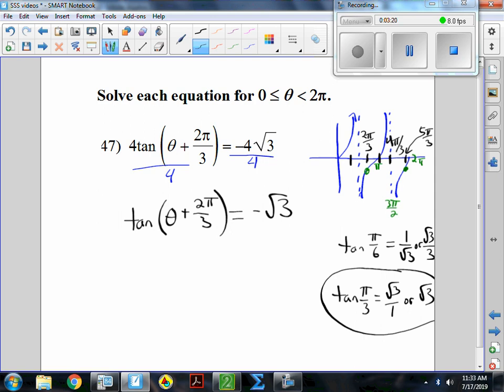So if I take the inverse tangent of both sides, then theta plus 2 pi over 3 is going to equal 2 pi over 3, and it's going to equal 5 pi over 3.